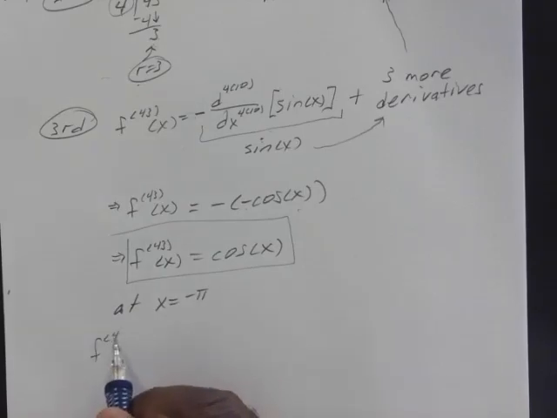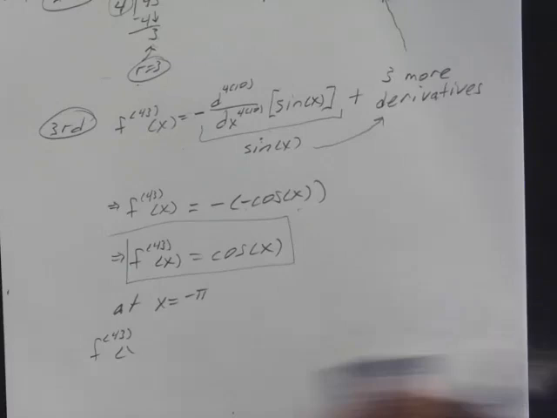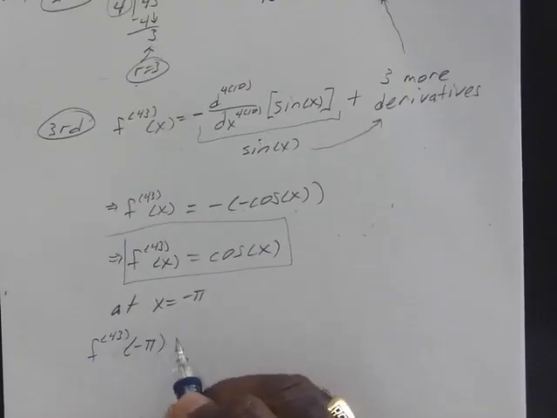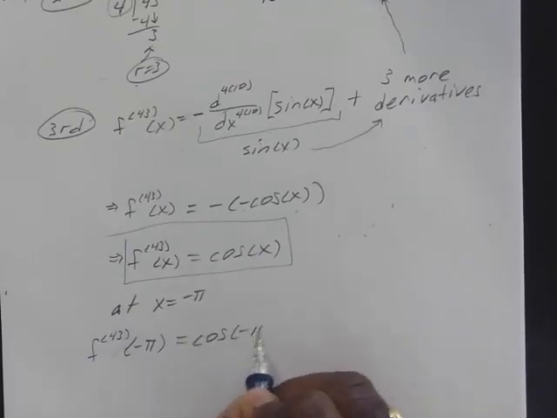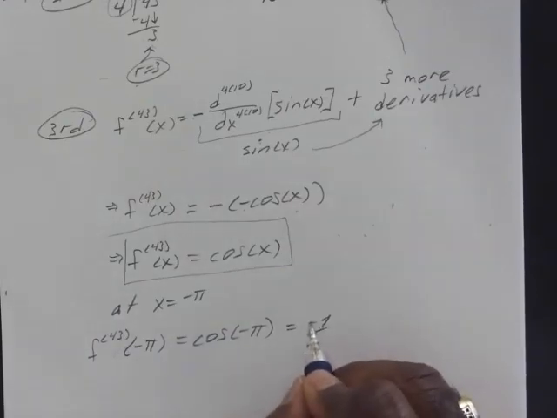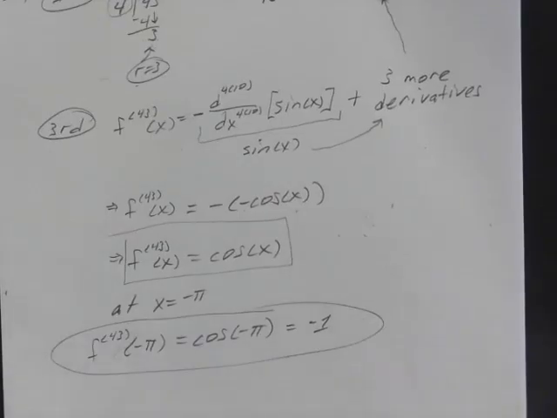So the 43rd derivative at negative pi is equal to cosine of negative pi, which is negative 1. All right, are there any questions on that one?